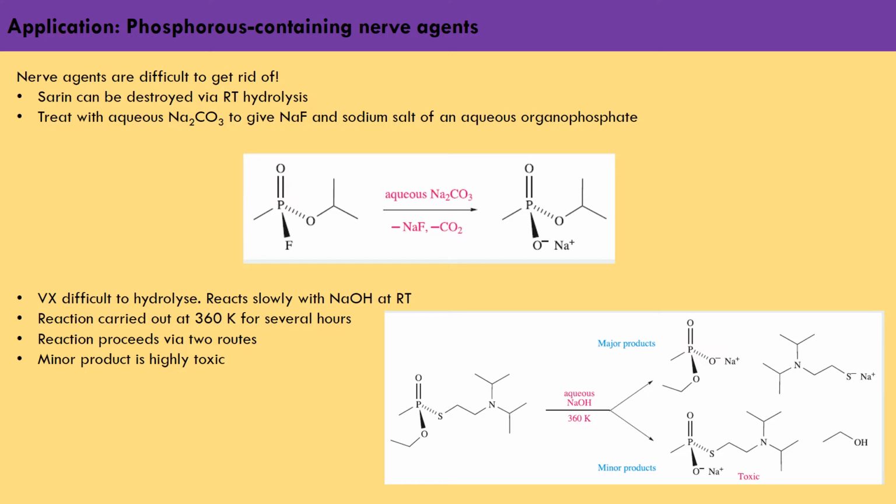You treat it with Na2CO3, and you gain the sodium salt of your aqueous organophosphate. So you can see it replaces that fluorine group for an oxygen group or sodium salt.